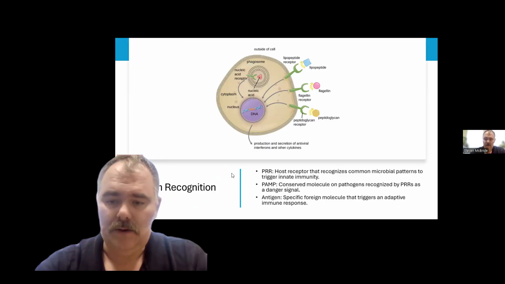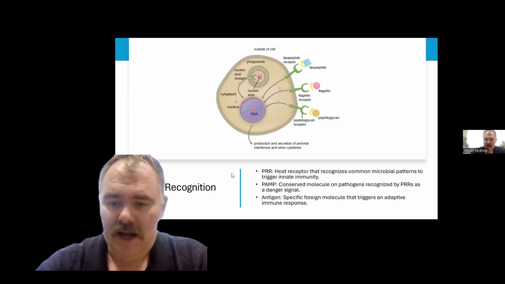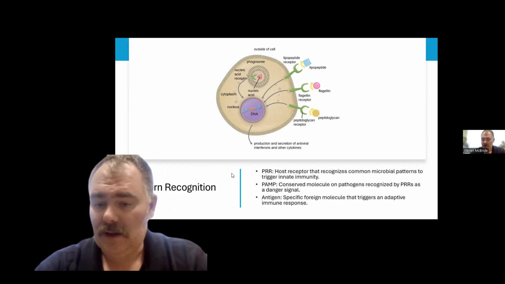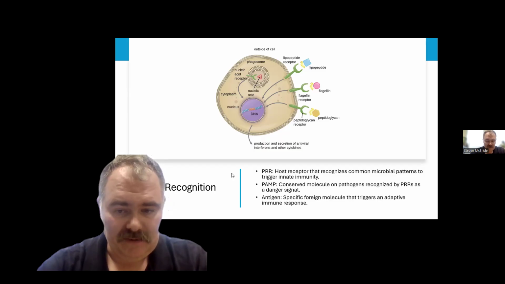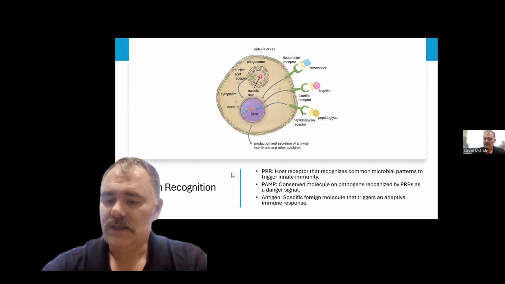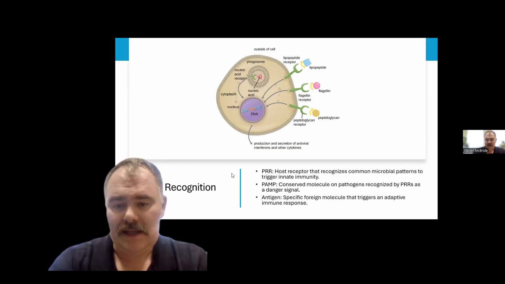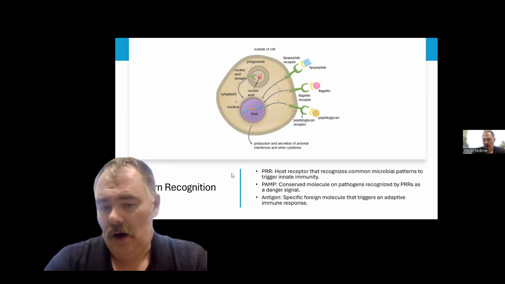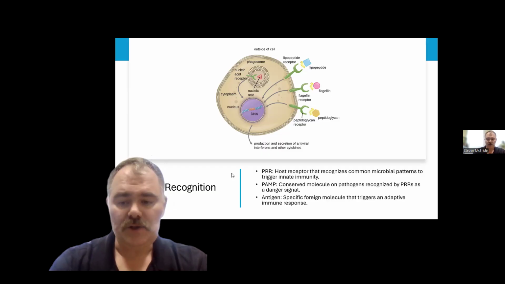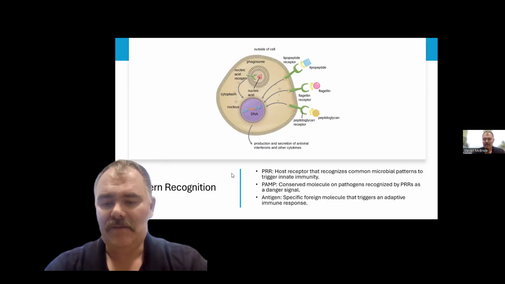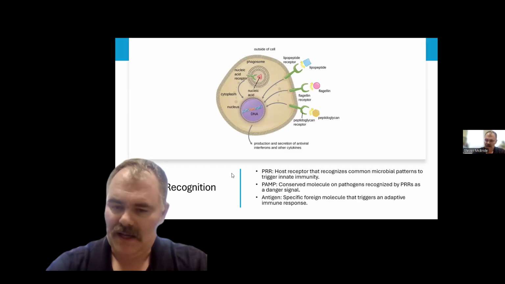Examples of PAMPs include LPS, or lipopolysaccharides, on gram-negative bacteria, peptidoglycan that's found in the cell wall, and flagellin that's part of the bacterial flagella. Host cells contain receptors to detect these PAMPs called PRRs, or pattern recognition receptors. When PRRs recognize a PAMP, they activate inflammation and other immune responses.